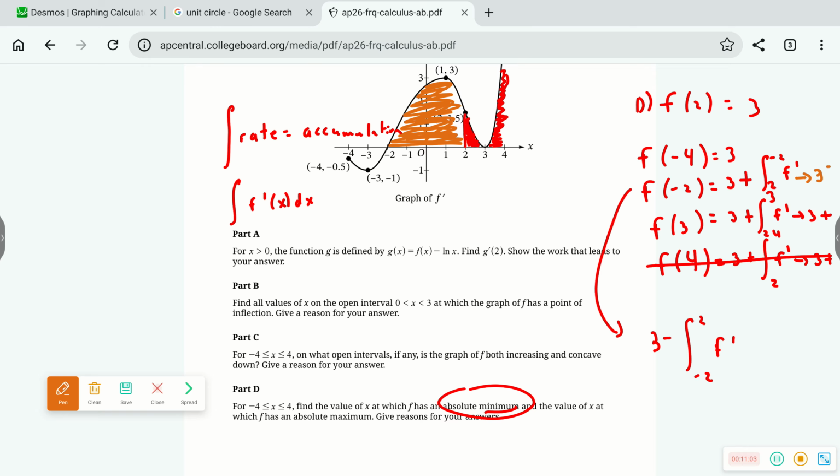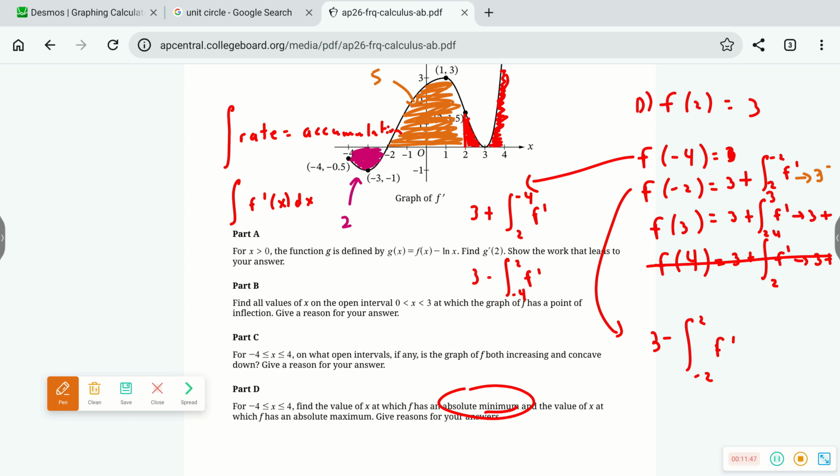Now, as I go to -4 right here, get the colors back. F of -4 will be 3 plus the accumulation from 2 to negative 4. Well, that would be 3 minus, and I have to fix this. But what happens here? Here you begin to accumulate this area. So you're backing it up, remember? If I subtract the orange, let's just say for the sake of argument, this is 2, and this is 5.